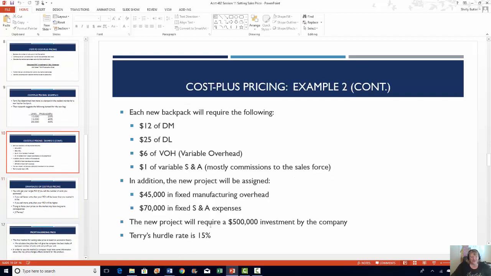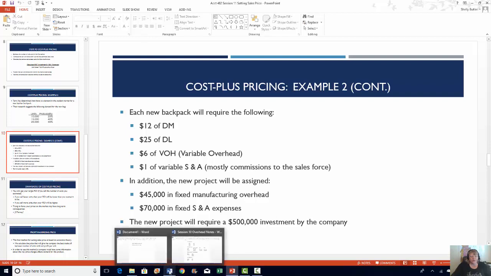And the new project will require a $500,000 investment by the company. Now, Terry's hurdle rate is 15%. Hurdle rate is the return on investment. All of these mean the same thing. Hurdle rate, return on investment, payback amount, any of those is the amount that you want to make above and beyond your investment.